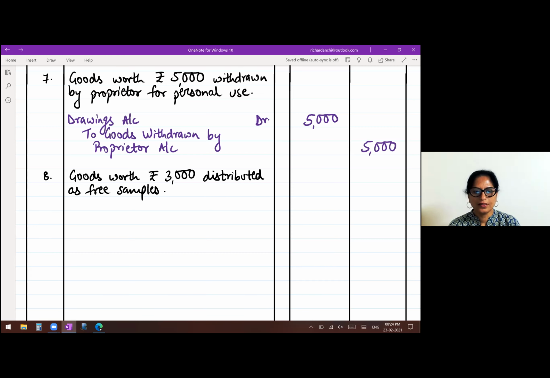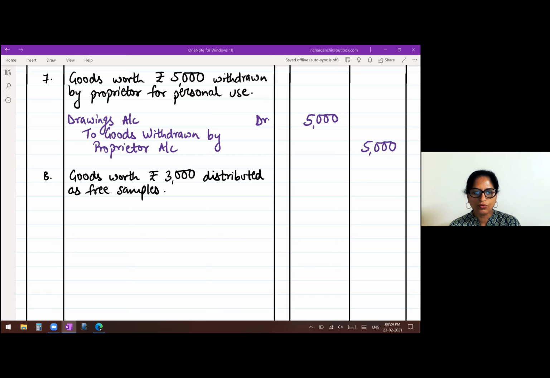Now, in the class, I have explained to you why are goods distributed as free samples, and you have given me the answer that they are distributed for the purpose of advertisement. Now, advertisement is a nominal account. When you're distributing from the business, it is an expense, and according to the rule of nominal account, all expenses have to be debited.